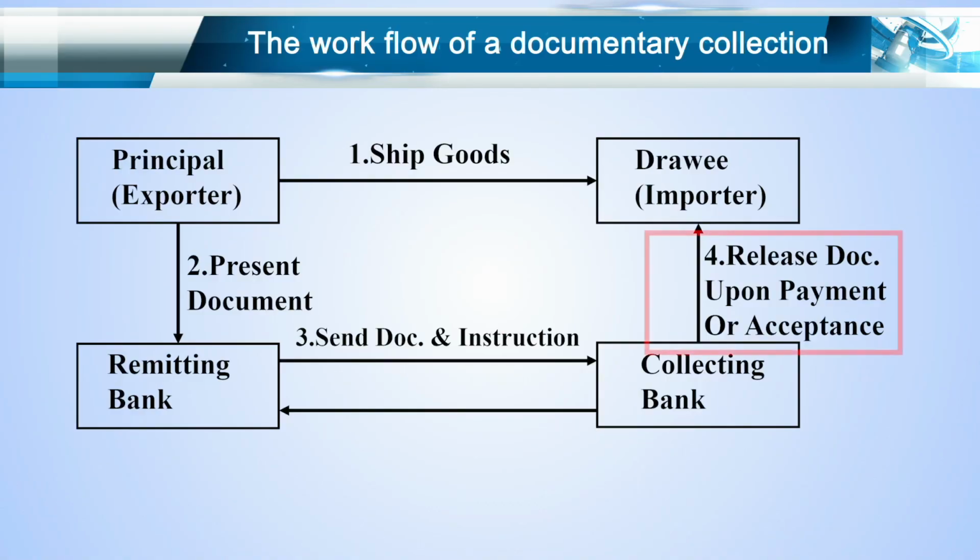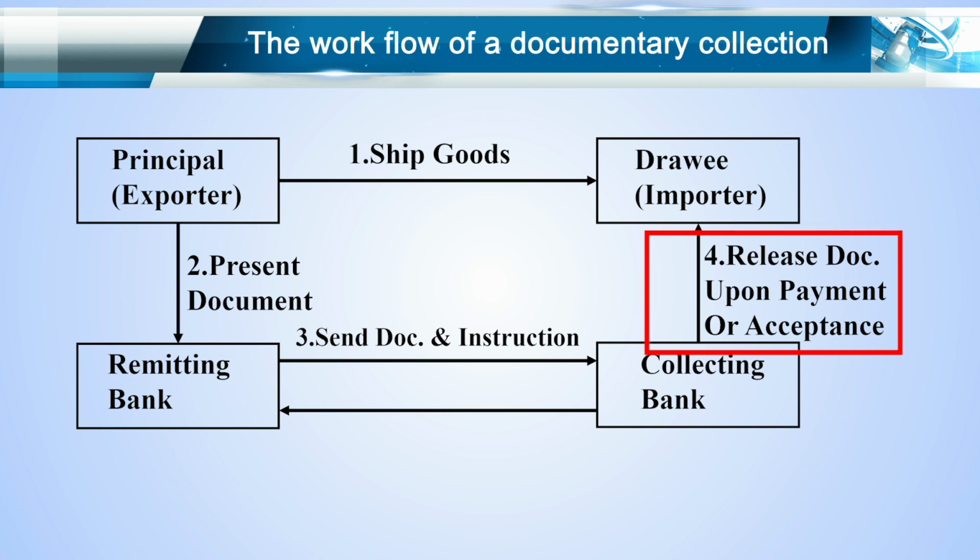Step 4. The collecting bank releases the documents on the basis of DP or DA. Step 5. If it gets paid, the collecting bank sends the funds to the remitting bank for credit to the principal's account.